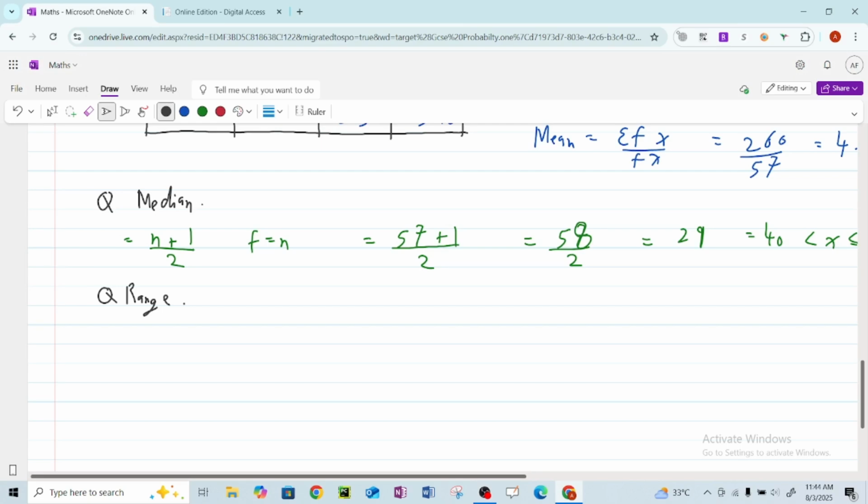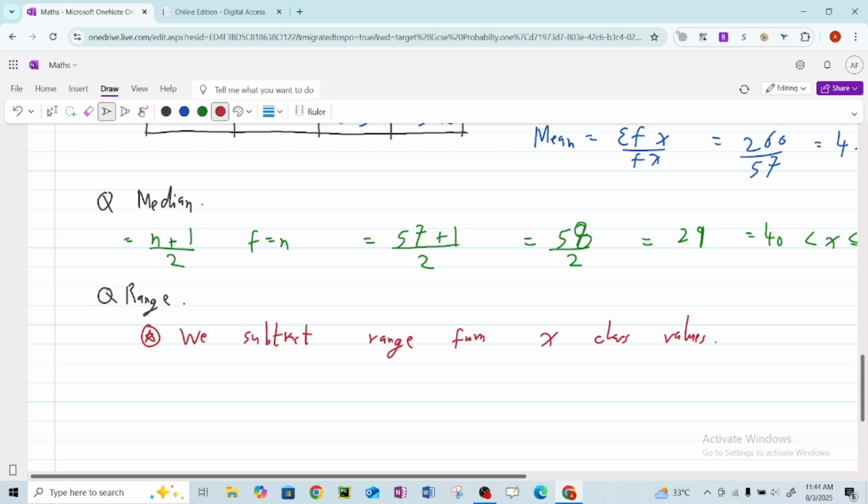The next thing that we have is our range. Now for the range, remember, this is one specific rule that is only for the range. We subtract the range from the x class values.